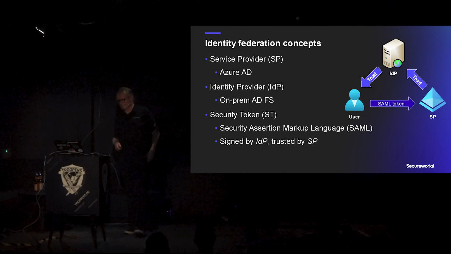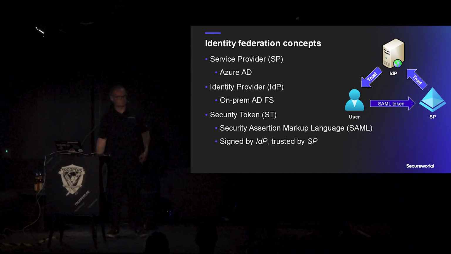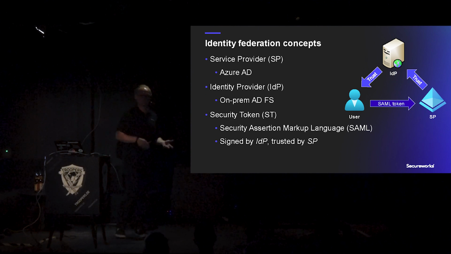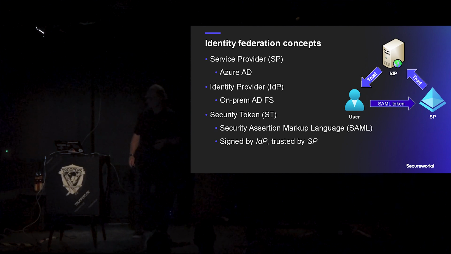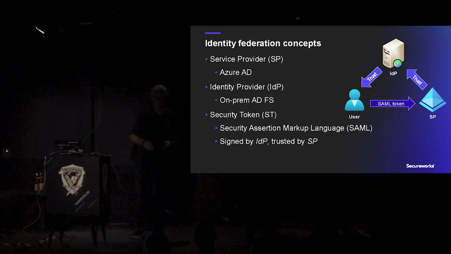Let's start with concepts. We have the service provider. In Identity Federation there are a couple of things, and the first one is the service provider. You as a user want to consume services, right? So you need some identity provider which can identify you, and in this case, it's your on-prem ADFS server.